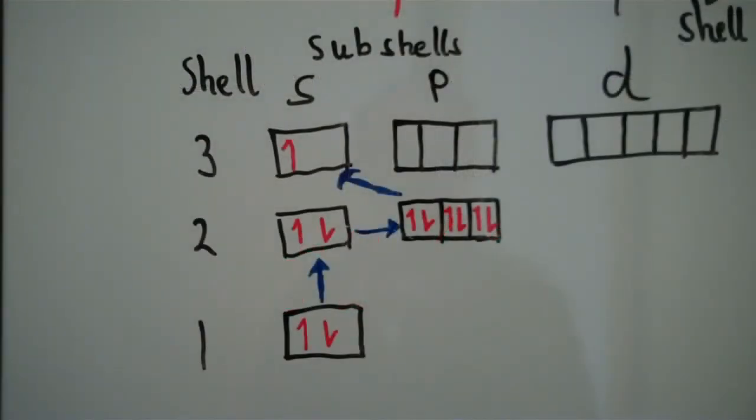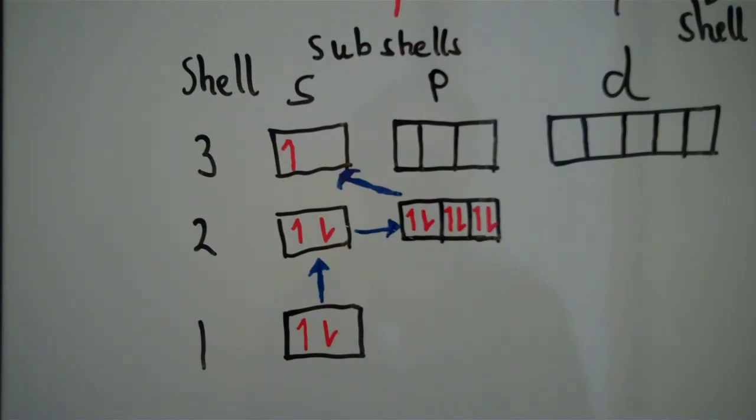You can also show the electron configuration using an orbital box diagram. And this is how it looks. And you are aware that, for instance, 2p has 6 electrons. Pairs of them are in the 3 orbitals of subshell P. Please also note in shell 3 there are still 2 more subshells which are unoccupied.